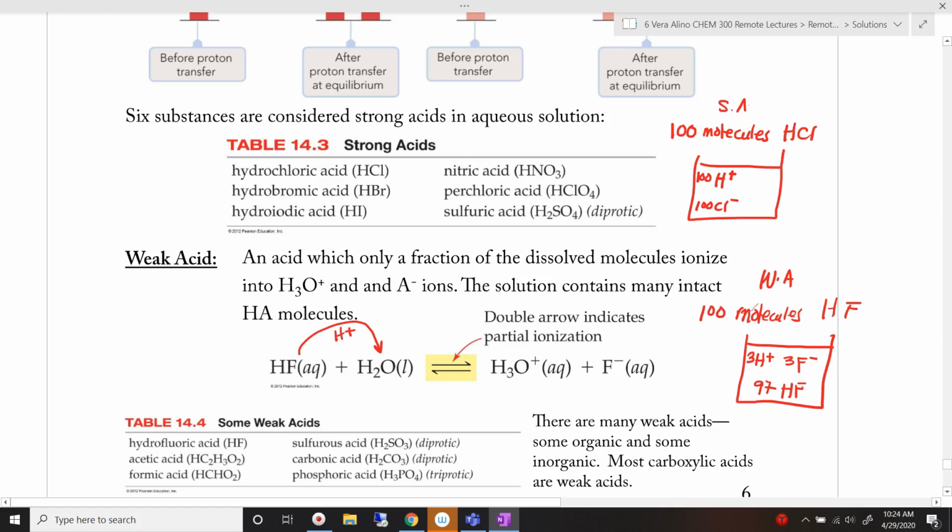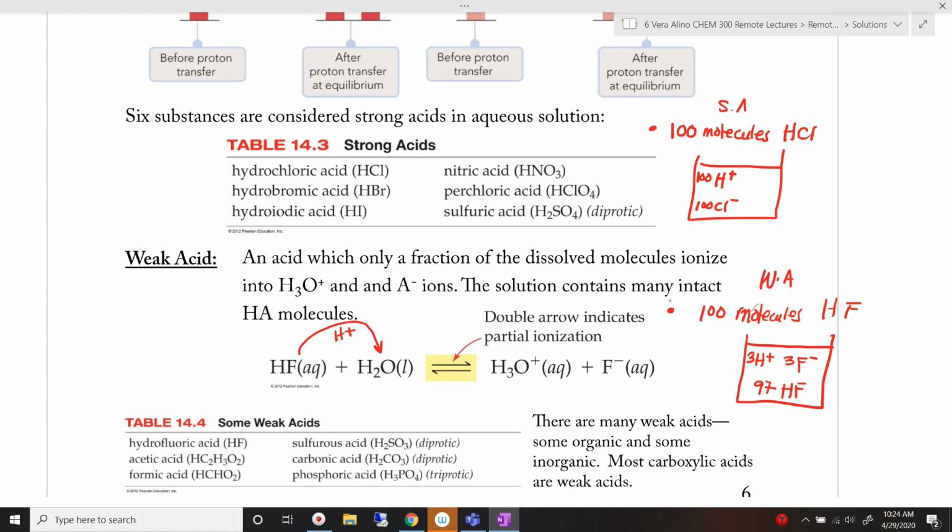So notice that there's only 3 hydrogen ions. You started with the same amount, 100 molecules, and the amount of water is still the same. You didn't do anything. It's just the characteristics of these acids. If you drop a strong acid, boom, it gives you exactly as many ions as molecules you dropped.